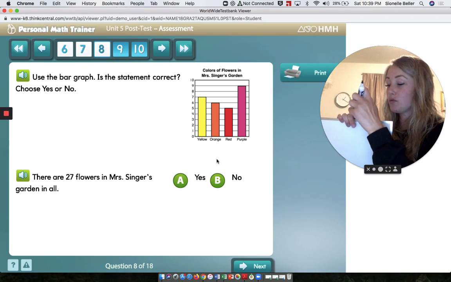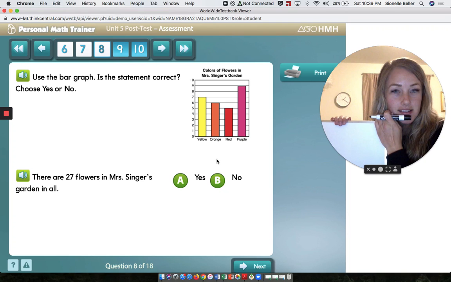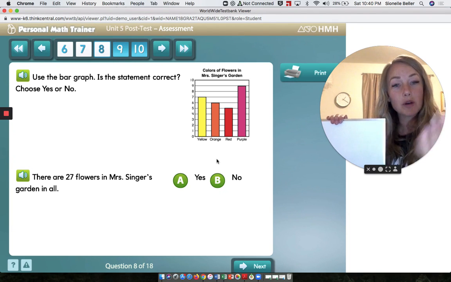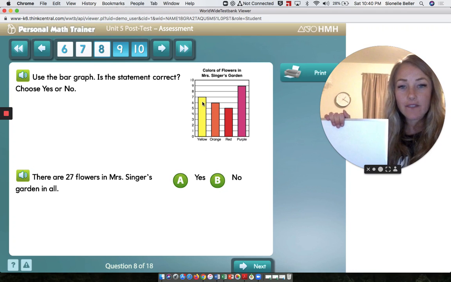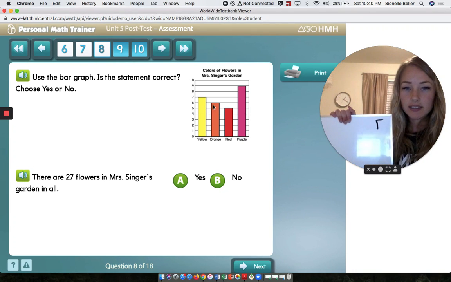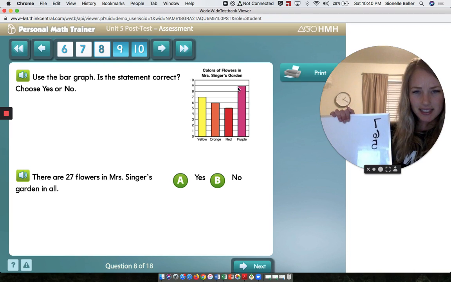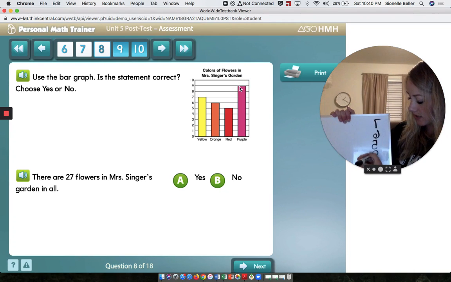We need to do what to find out how many are in her garden in all? Think about it. Say it out loud. Yep, we need to add them all together. So, 7 yellow flowers, 6 orange flowers, 5 red flowers, and 9 purple flowers.